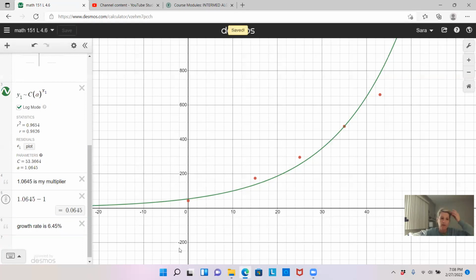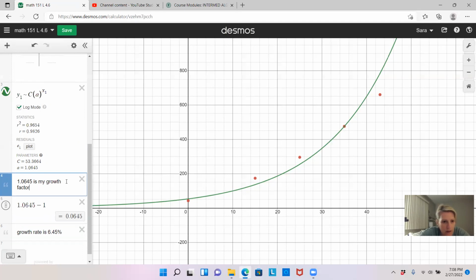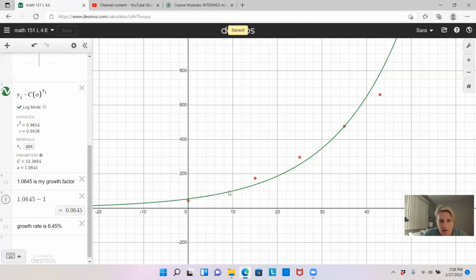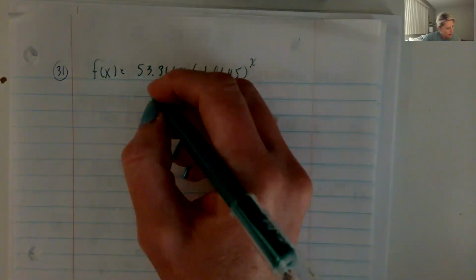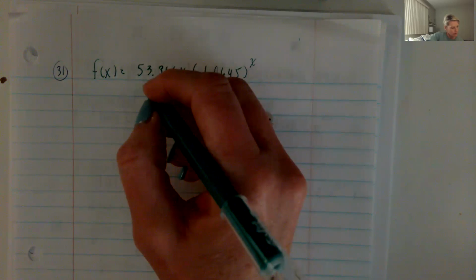When you take your multiplier, this is really the growth factor in technical terms. And then if you take your growth factor and subtract 1, you get your growth rate in percent form. So that's pretty cool. So let's just go back and share that with you. So this would be my starting number in billions of restaurant sales, right?